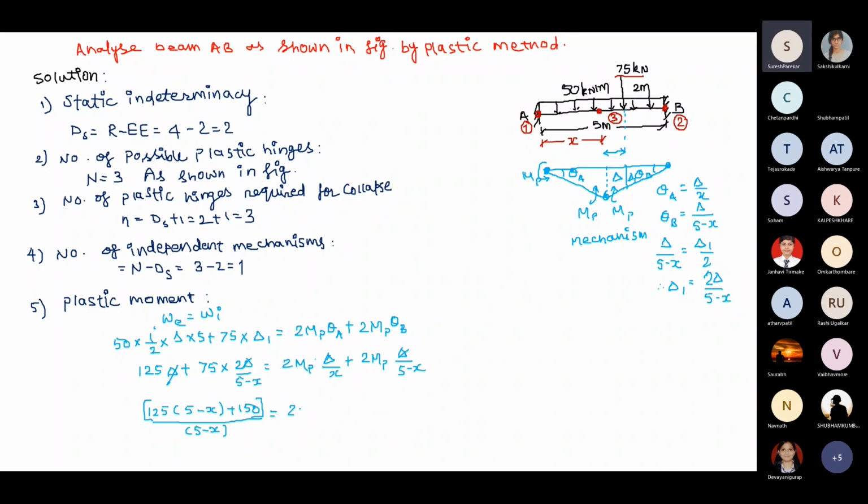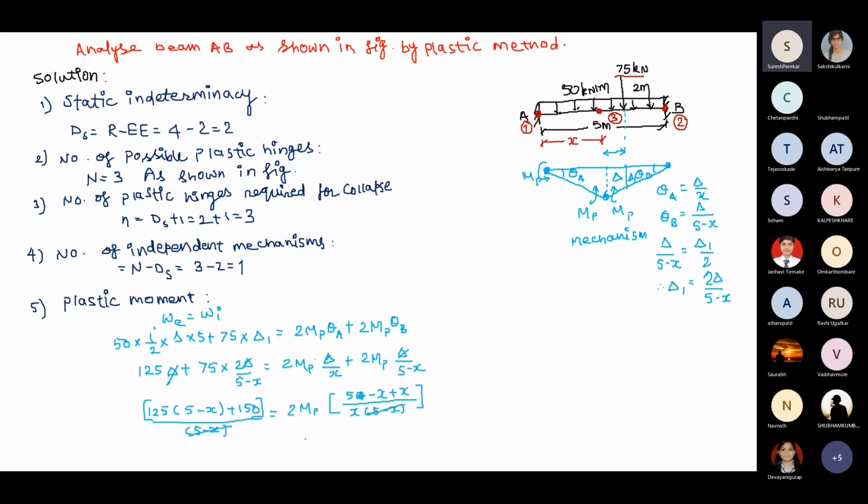Now we can take 2 MP outside. So in bracket 5 minus x plus x upon x in bracket 5 minus x. Now this 5 minus x gets cancelled from both sides.